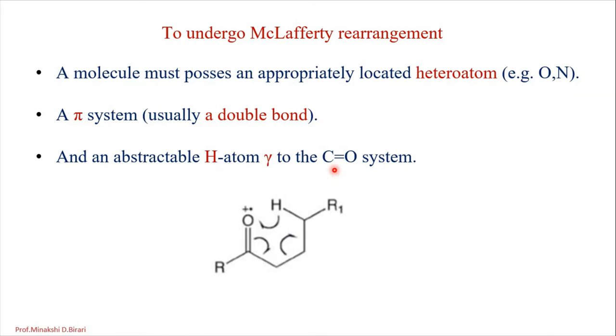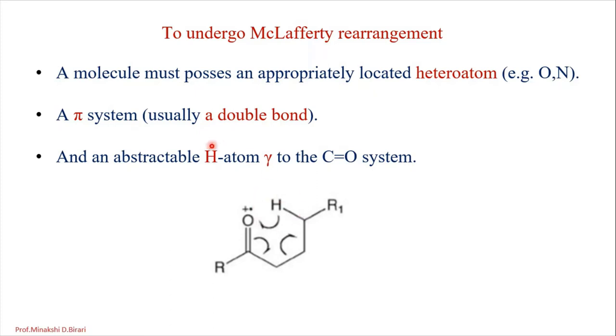So the criteria for a molecule to undergo the McLafferty rearrangement is a double bond to carbon or nitrogen or oxygen, and the presence of hydrogen on the gamma carbon with respect to the double bond.